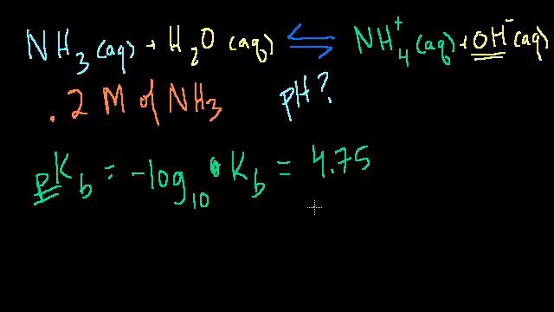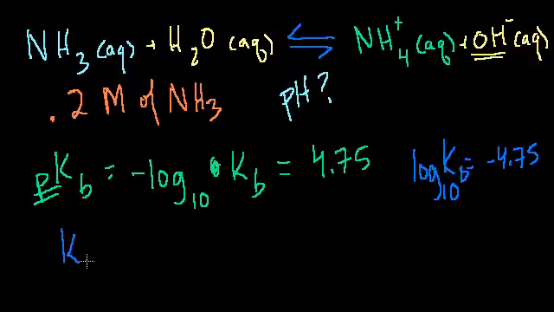So we can just do a little bit of math here to solve for the equilibrium constant. If we multiply both sides by negative, you get log base 10 of our equilibrium constant for this base reaction, that's why the B is there, is equal to minus 4.75. Or 10 to the minus 4.75 should be KB. So KB is equal to 10 to the minus 4.75.